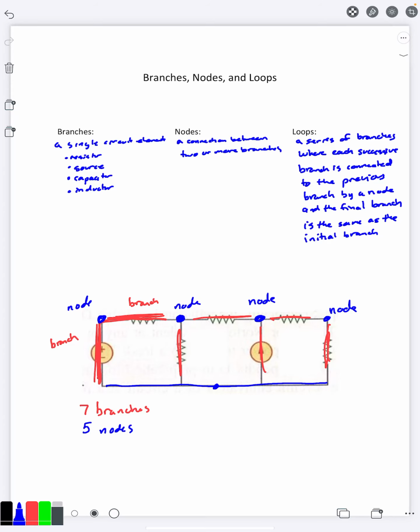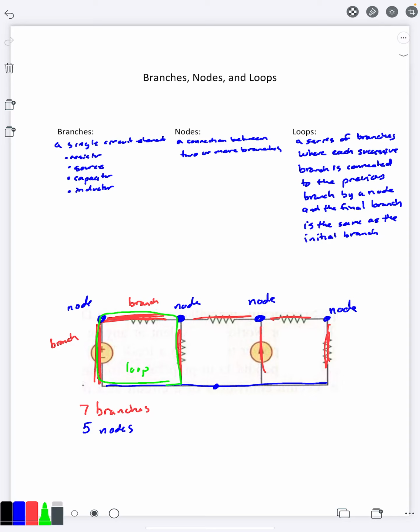Now here's the thing about loops. If I were to go ahead and say this right here, I travel around through different branches, each one connected by the nodes, and I arrive back at my starting point. That's a perfectly good loop.